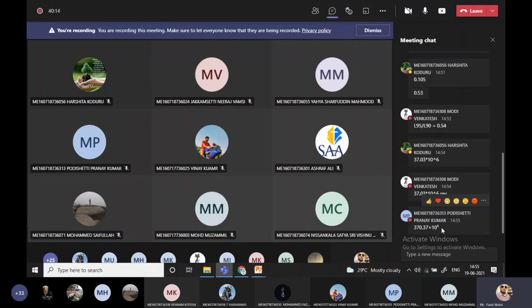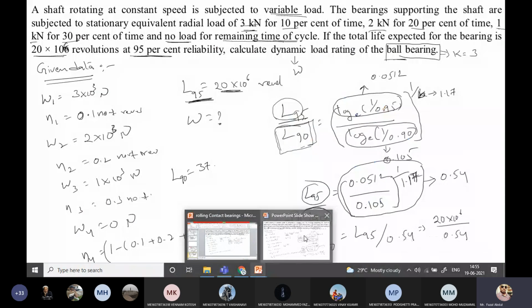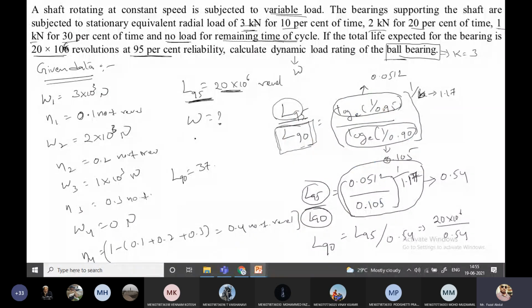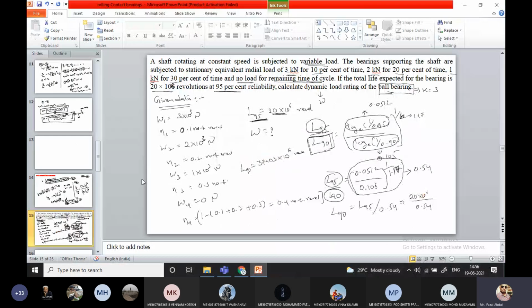Always it should be in 10 to the power of 6 only, because it is already defined as a into 10 to the power of 6. So 37.03 into 10 to the power of 6 revolutions. We got the life of the bearing for the 90% reliability.